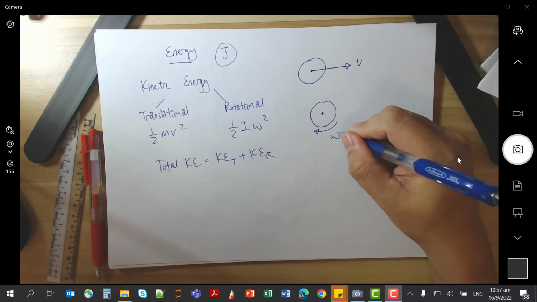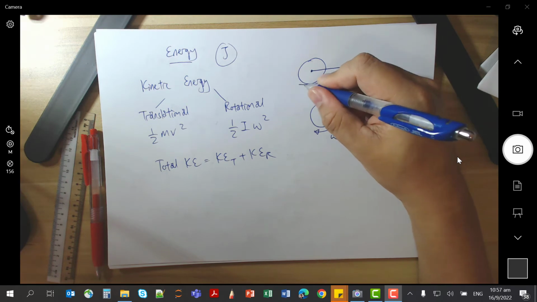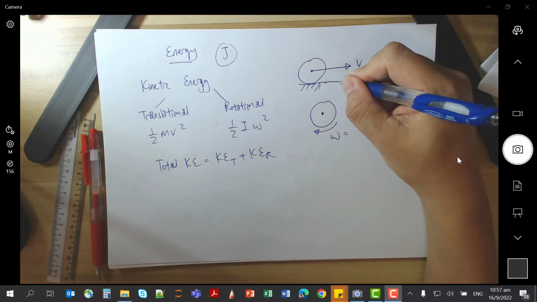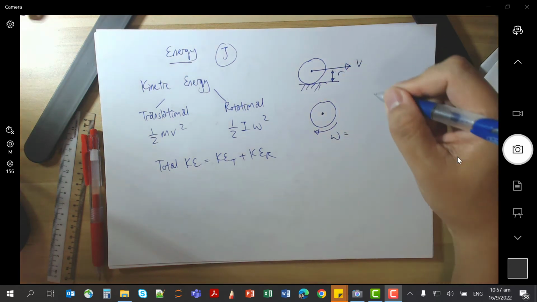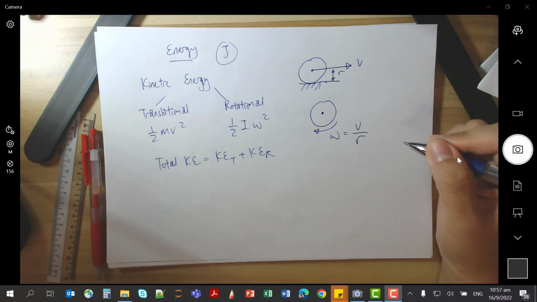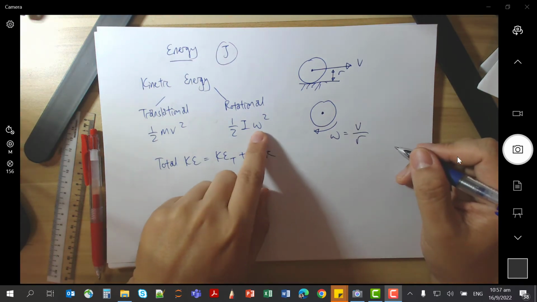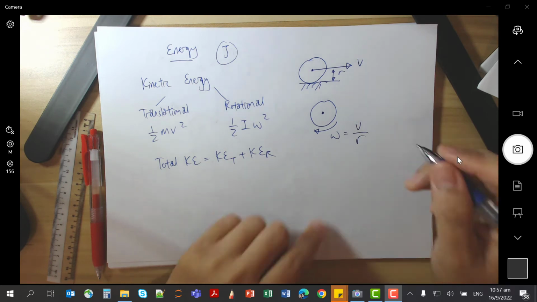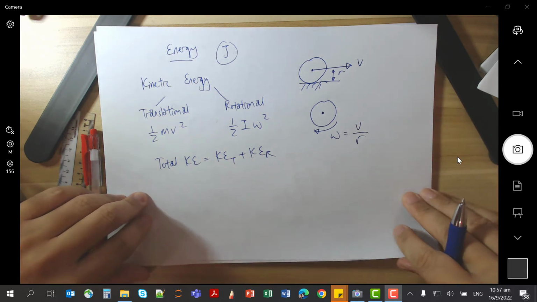So what kind of rotation is this? If the wheel has a radius r, that's how you get the rotational speed of the wheel: v over r. Later you will see how it is being applied.